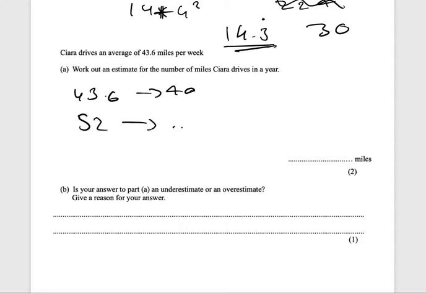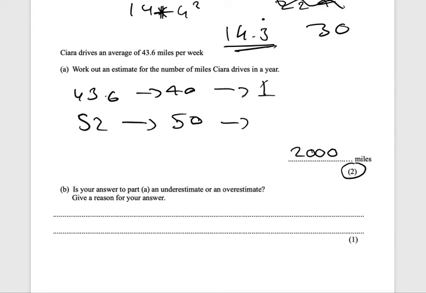Now we can round that to 50 to one significant figure. Now if in 1 week you travel 40 miles, in 50 weeks, how much are you going to travel? So in 50 weeks, you're just going to do 50 multiplied by 40, and that's going to give you an answer of 2,000 miles, and that would be worth 2 marks.